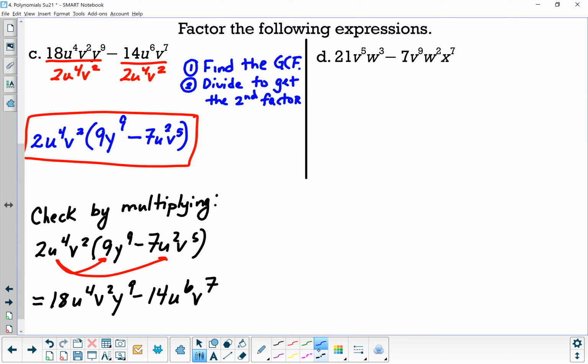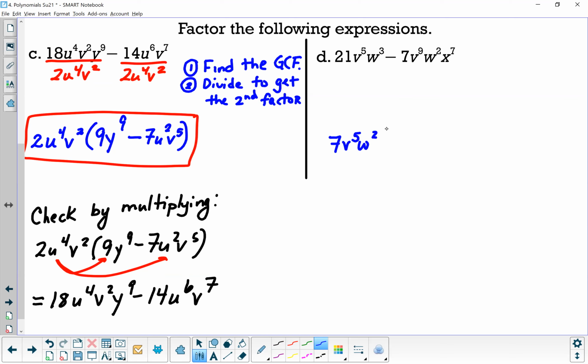Between 21 and 7, 7 is looking real nice. Between b to the 5th and b to the 9th, the lowest exponent is b to the 5th. W cubed and w squared, the lowest exponent, w squared. We don't include x in our GCF because both terms do not have the x.